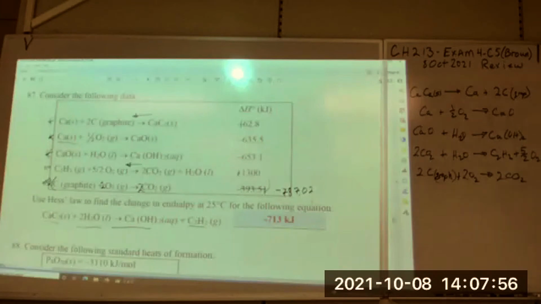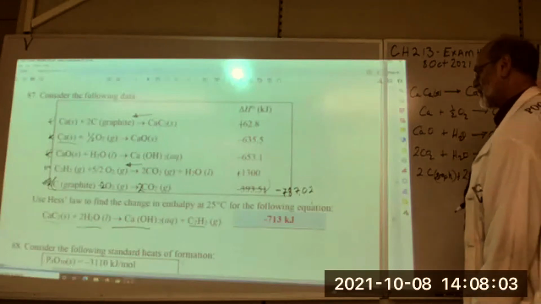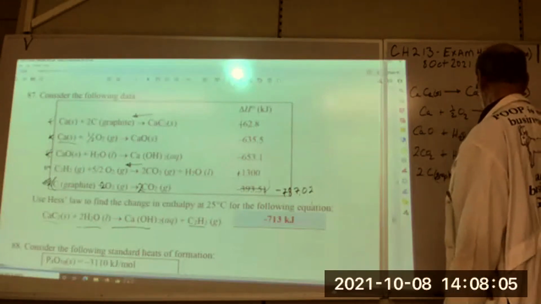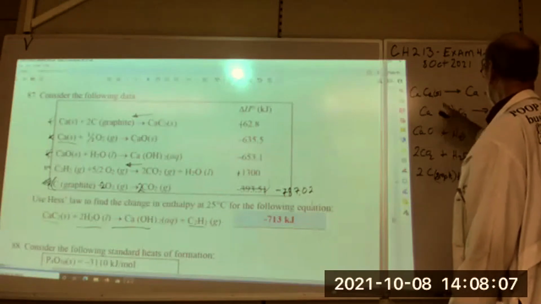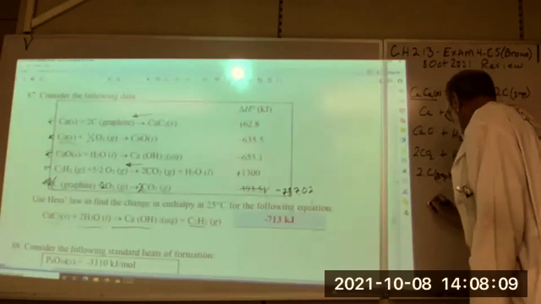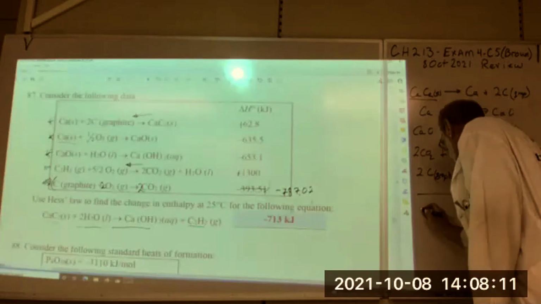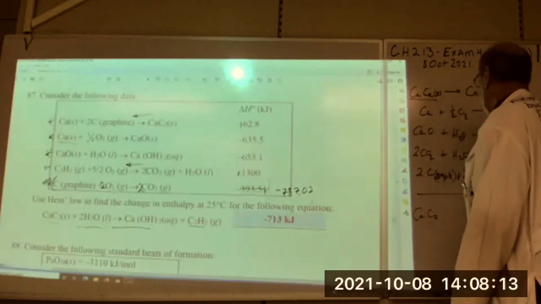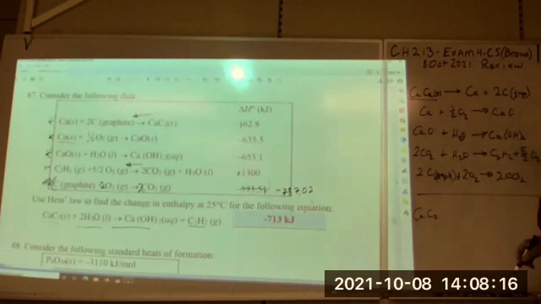Okay, now let's see, will that give us the target equation? Calcium carbide needs to be on the left-hand side, right? It's nowhere else but here. That was good. Calcium carbide. Okay. Waters.